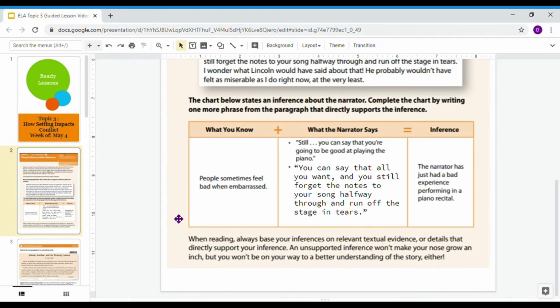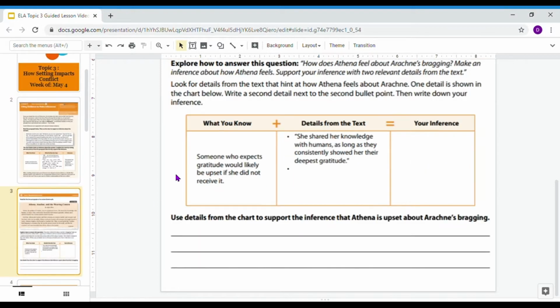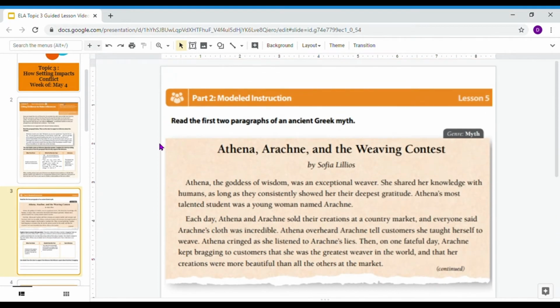We need to be thinking about those big text details and those big inferences that are going to help us understand the story better. And whenever we're making inferences, it's also helping us determine our main idea and our theme. Those are some things that we might be working on a little bit later this week. So going on to our next slide.